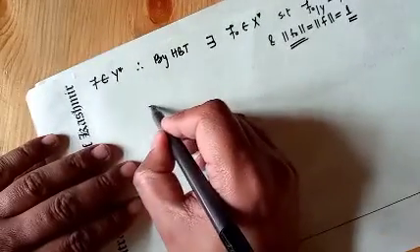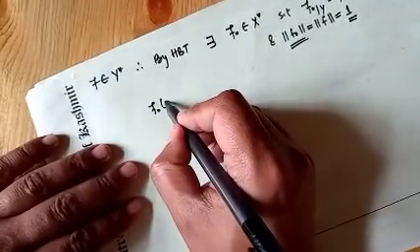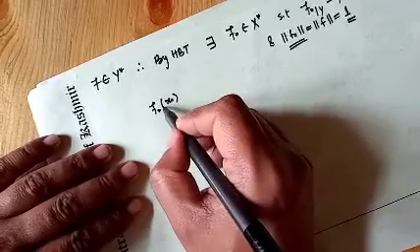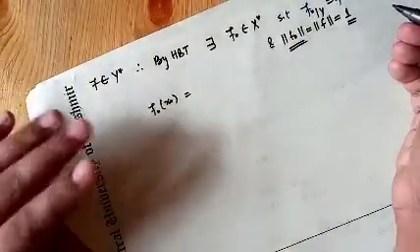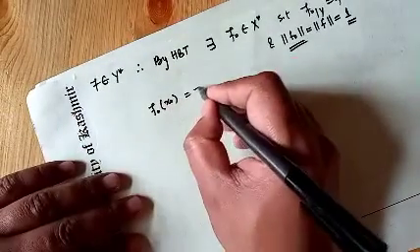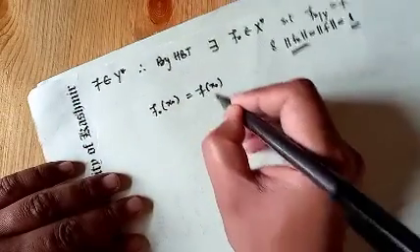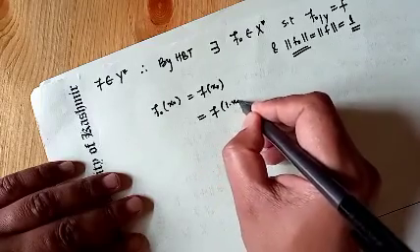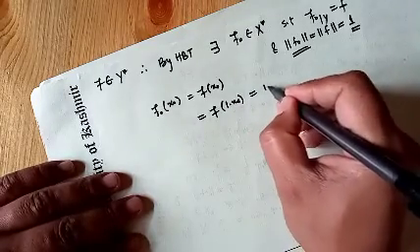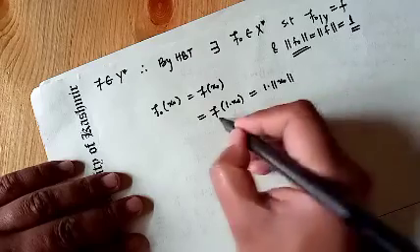Another part is f naught at x naught. Now x naught belongs to y, right? So therefore f naught at x naught should be the same as f of x naught, which is the same as f of 1 into x naught, which is the same as 1 into norm of x naught, of course.